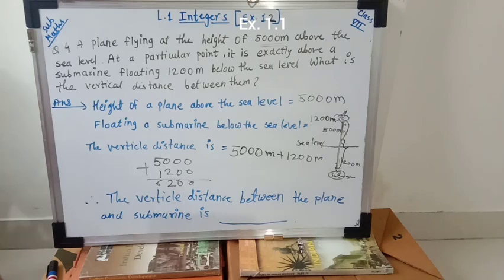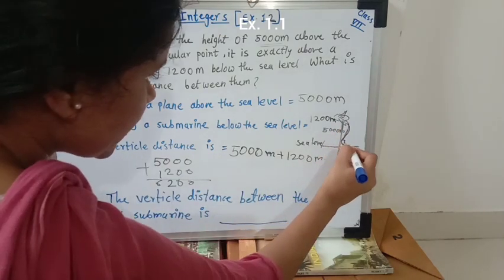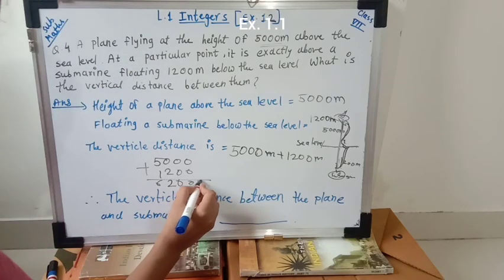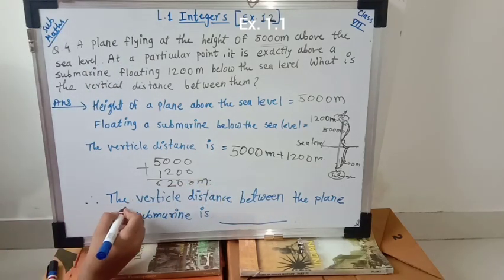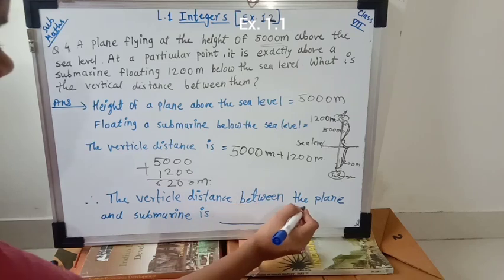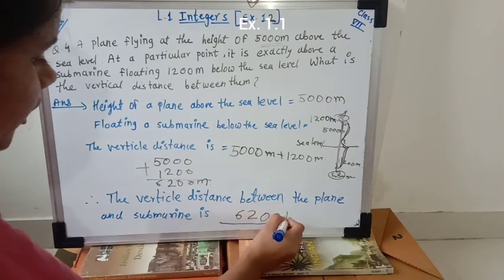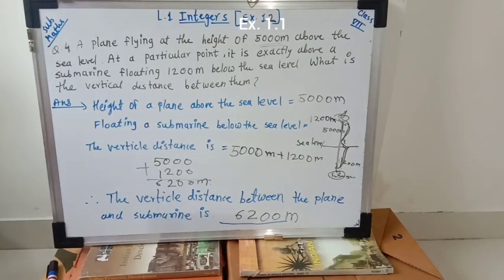So we got the vertical distance between the plane and the submarine as 6200 meters. Therefore the vertical distance between the plane and submarine is 6200 meters.